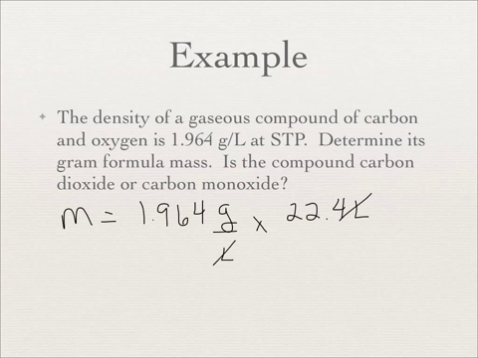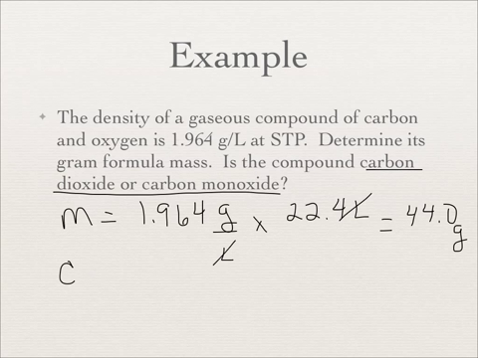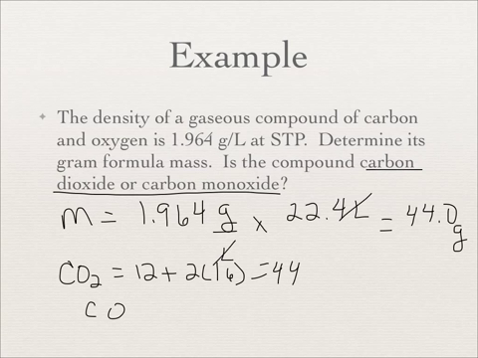That comes out to be 44 grams. The question was, is it carbon dioxide or carbon monoxide? Well, CO2 is 12 plus 2 times 16, or 44, whereas CO is only 28, so it's carbon dioxide.